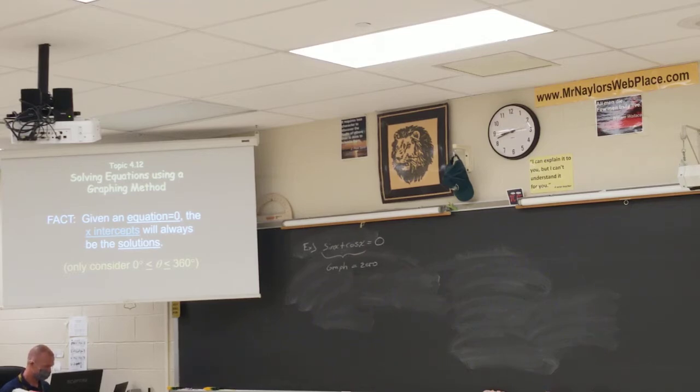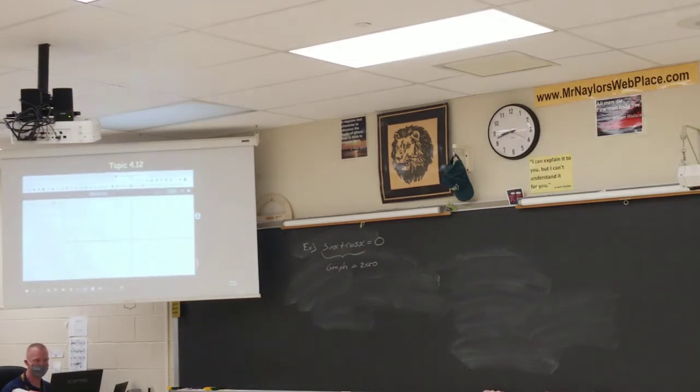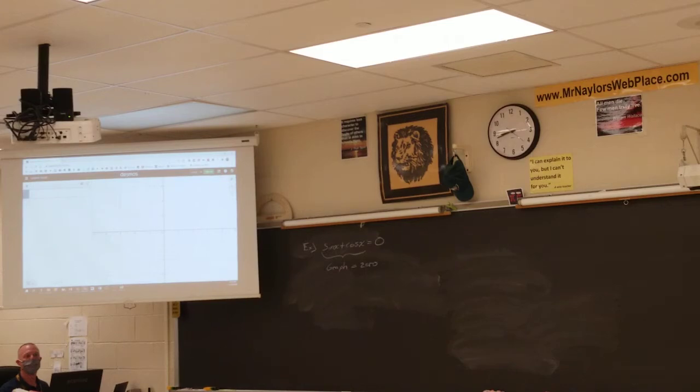Now, there's not really a catch to this, but you want to make sure that, again, Desmos is doing what you want it to do. Remember, we always want to change it to degrees. It kind of defaults to radians, but you want to change it to degrees.